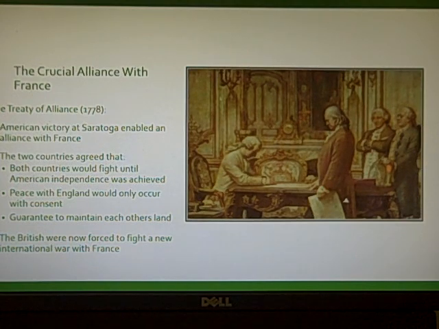And there is an agreement, and this is important for you to understand. There is an agreement that the French will not sue for peace without American consent. Now, I need you to understand this because this is important. America is not really a nation yet.